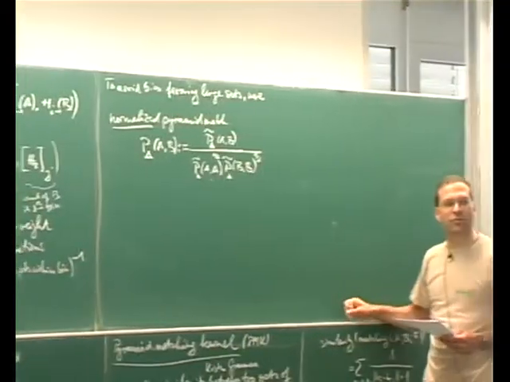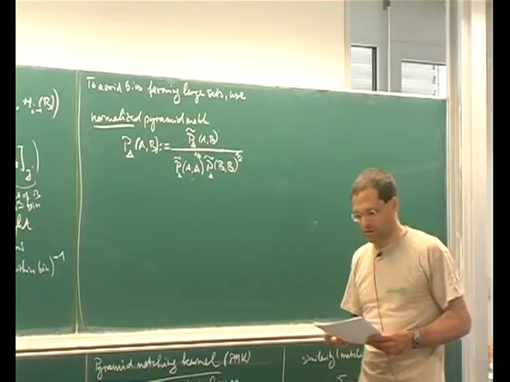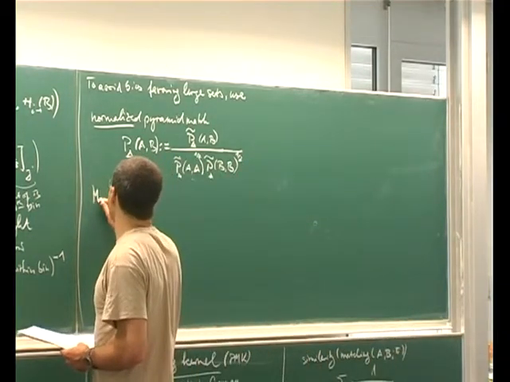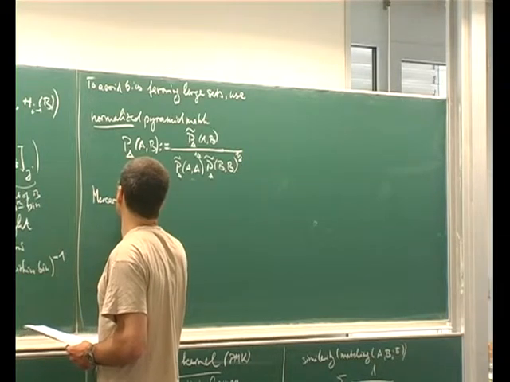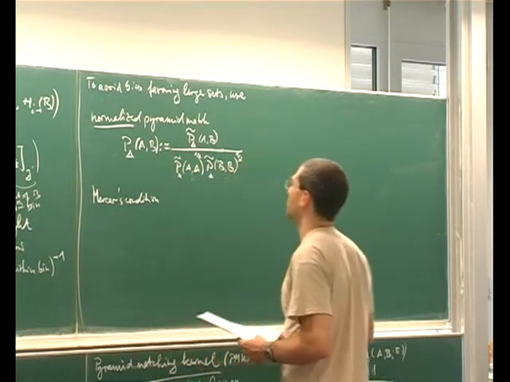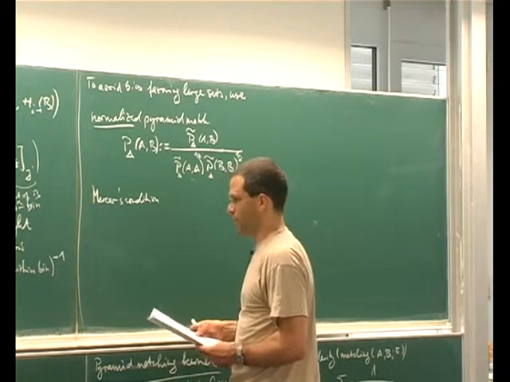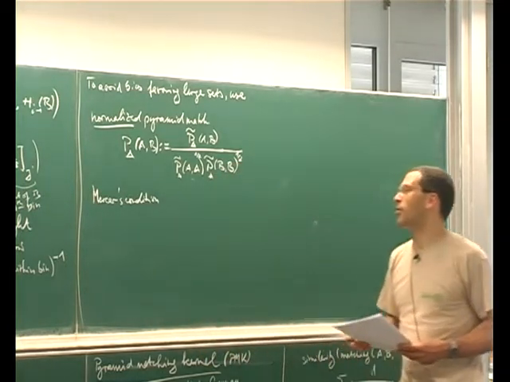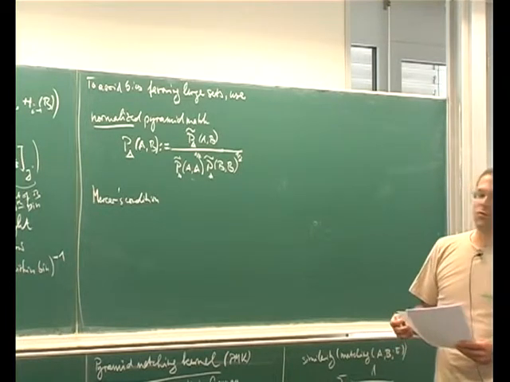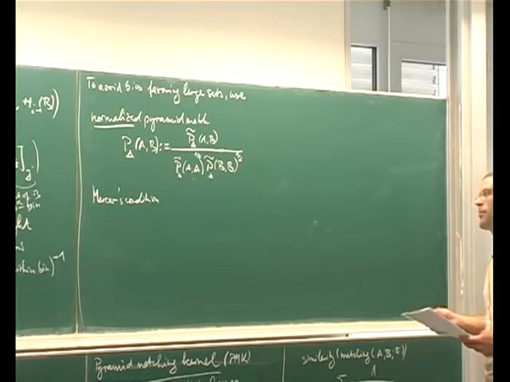Now the idea was to use this as a kernel, so we should check Mercer's condition. So we want to know if this is always positive semi-definite, or we want to know if we can rewrite this kernel as an inner product of two vectors in some high-dimensional space.